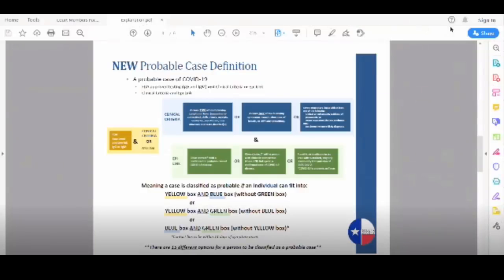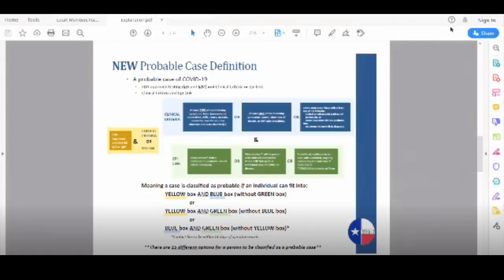What's remarkable is if you were to look at all of the options to meet those different boxes, perhaps the lowest hanging combination is one that satisfies the epidemiological linkage by residing in any area where there's sustained ongoing community transmission. And as Aisha explained, right now Texas is considered an endemic region.